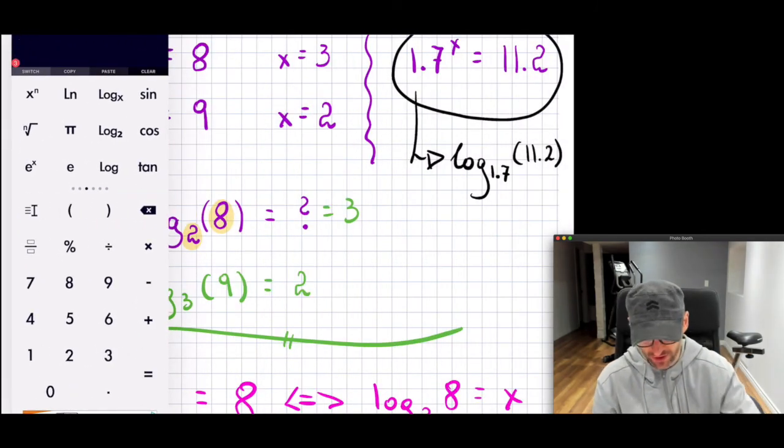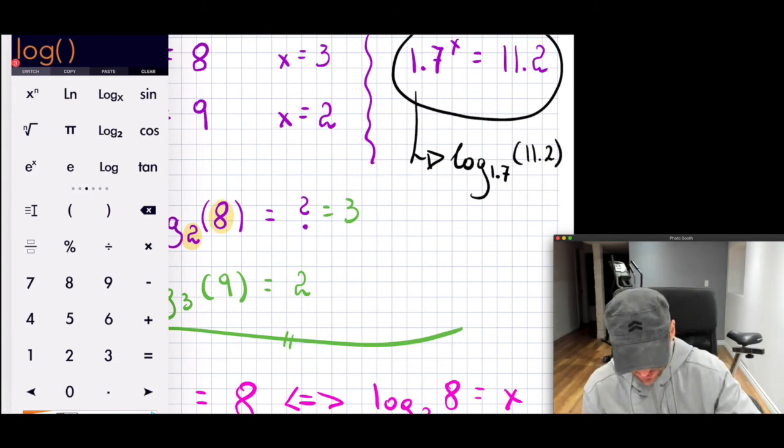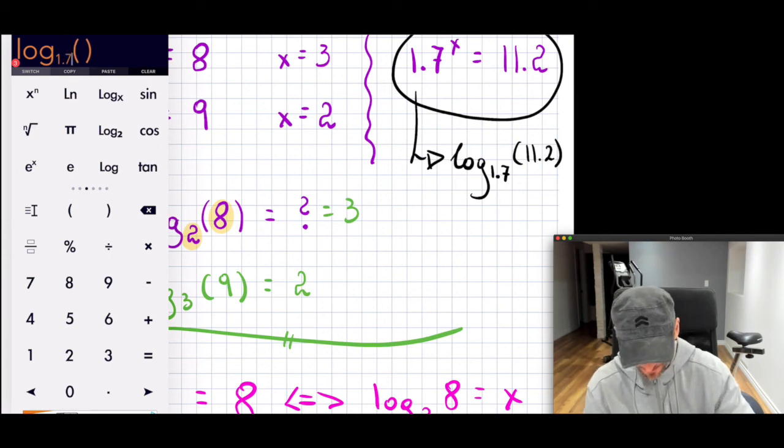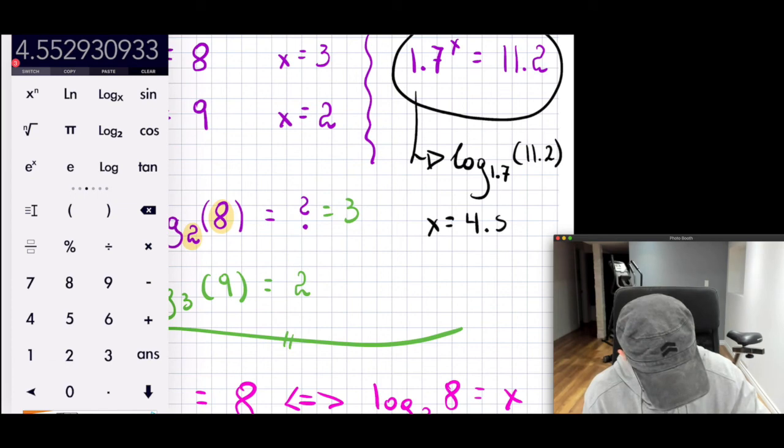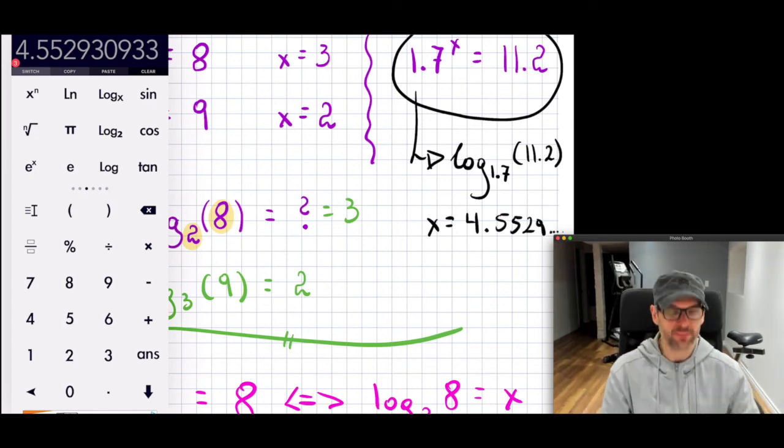Let me clear this. Log base 1.7 of 11.2 equals, and notice that this exponent isn't as nice. It's 4.5529, and so on, because it's not always a pretty exponent.